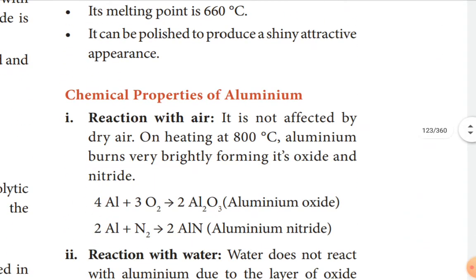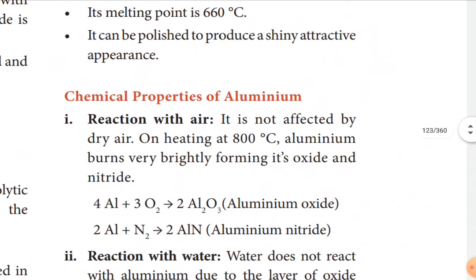Then the chemical properties. You have to write and practice the equations in your rough notebook. Normally aluminum is not affected by air at ordinary temperature; there is no reaction between aluminum and air.